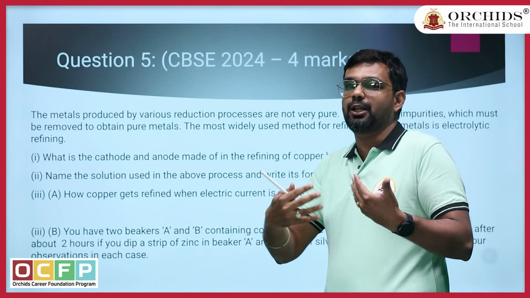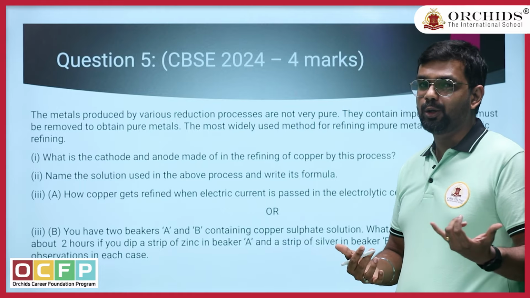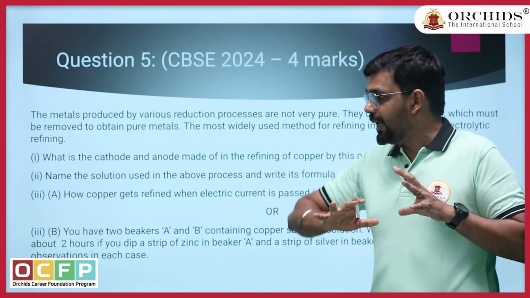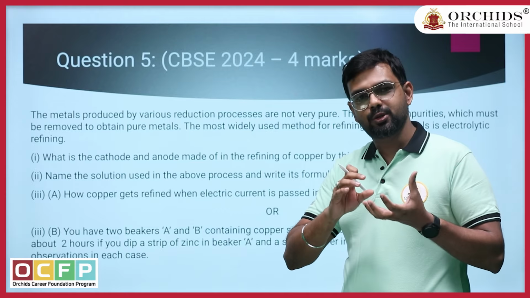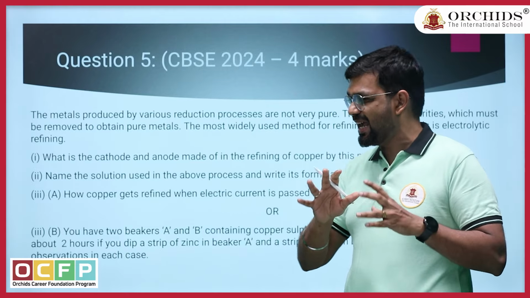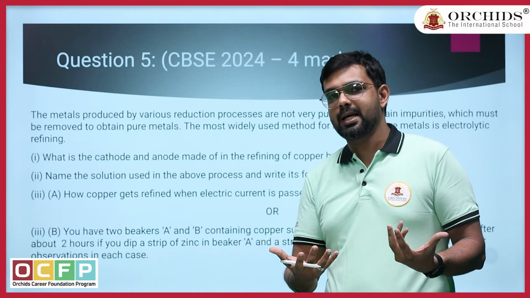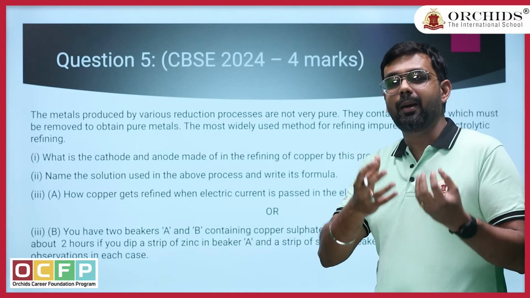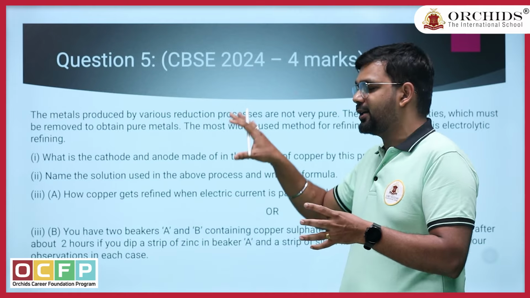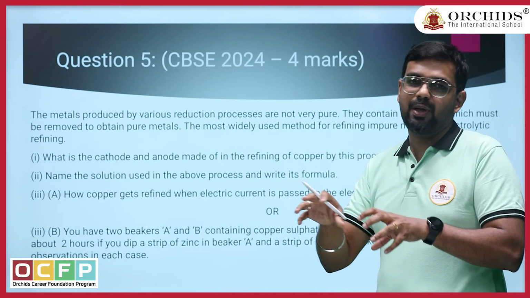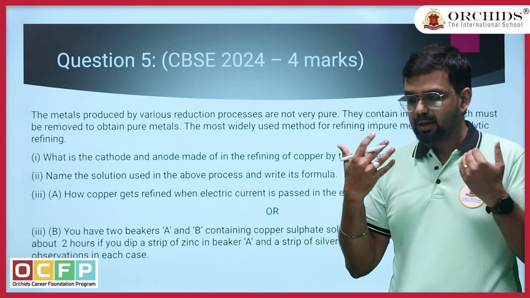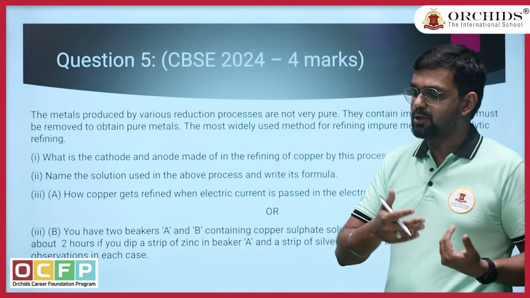We are trying to get the copper here. What do you think we are going to use as cathode and anode? In electrolytic refining, we use the same metal which we have to refine. And the electrolyte will be a salt of the metal which we are trying to refine. So which one should we take as cathode and which as anode?